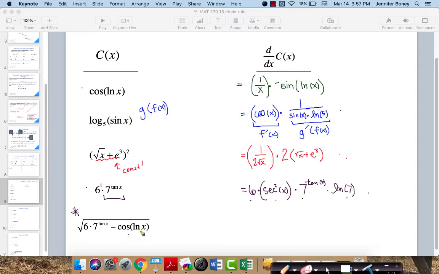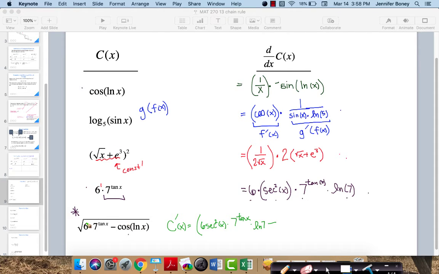Each of those involves chain rule, but, well, I know this part is the derivative of the first term. So I'm going to start my derivative over here. C prime of x. The chain rule factor is going to be, from the first term, 6 secant squared of x times 7 to the tangent of x power times the natural log of 7 minus cosine of natural log of x's derivative.